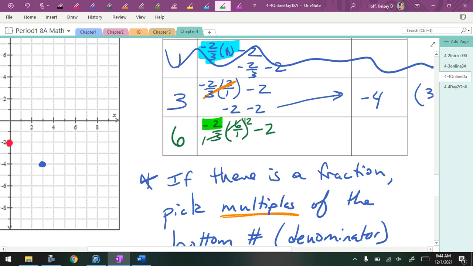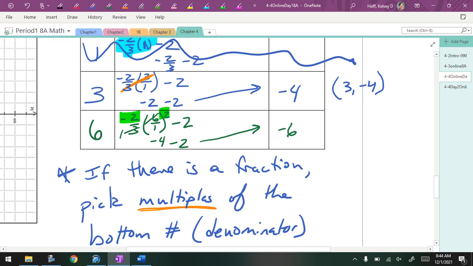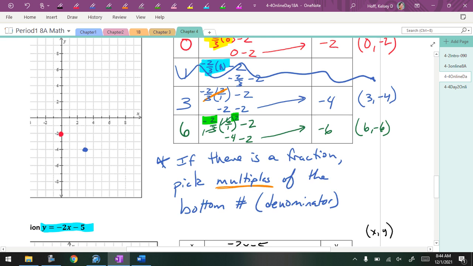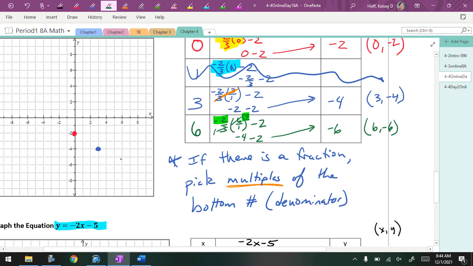So then negative 2 times 2 is negative 4 minus 2 more. Negative 6. You're subtracting, not multiplying. So you'd have 6, -6. Do they line up? They look like you could easily draw a line through them.